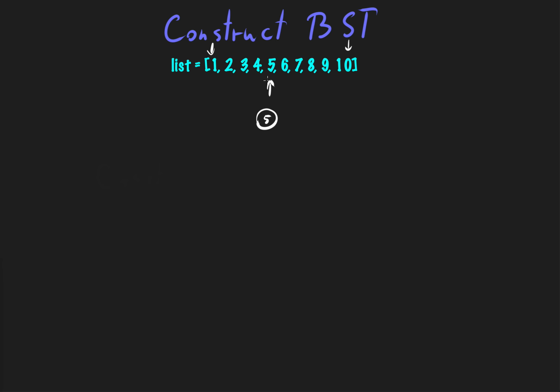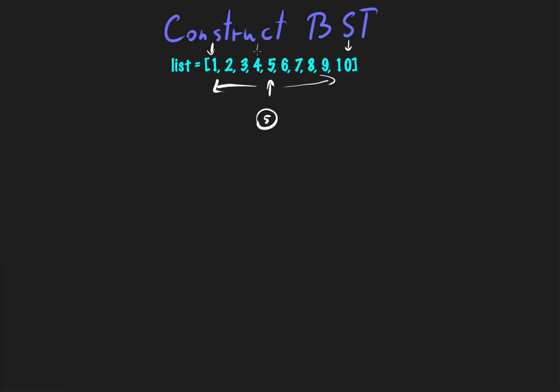Once we find our root, we append node dot left as what is returned from the recursive function on the left side, and node dot right as the node returned from the recursive function on the right side, and that's basically it.